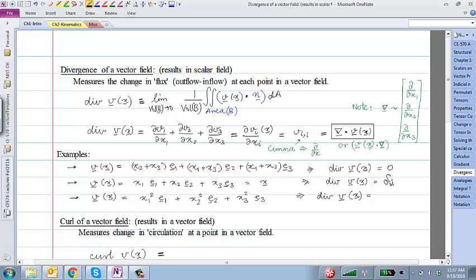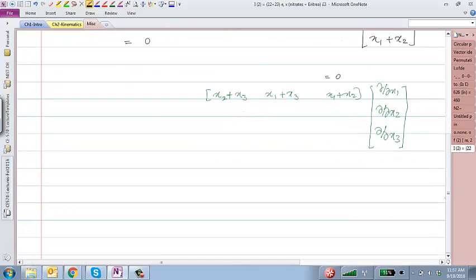Why would it be delta ii? We have partial of, so the vector field itself was x, and I'm writing divergence of x. So that's partial of xi ei, right? This is my vector field, and I'm going to take partial with respect to xj, and take the dot with ej. Does that make sense?